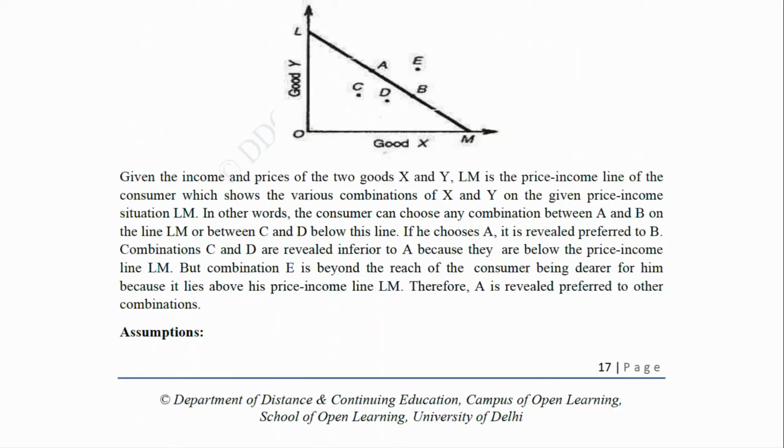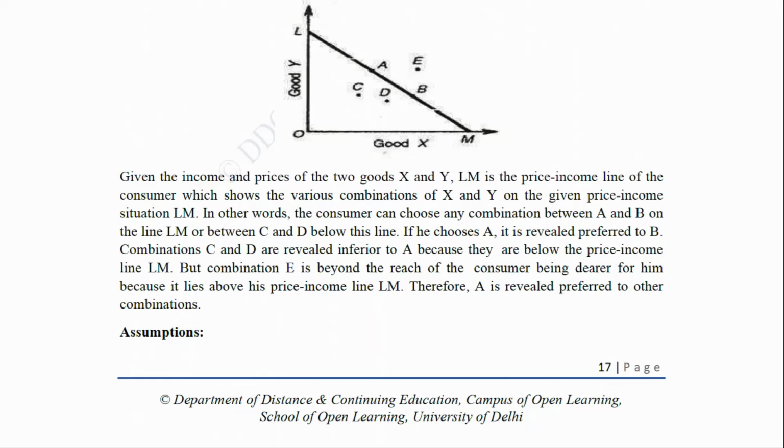Given the income and prices of the two goods X and Y, LM is the price income line of the consumer, which shows the various combinations of X and Y in the given price income situation LM. In other words, the consumer can choose any combination between A and B on the line LM or between C and D below the line.